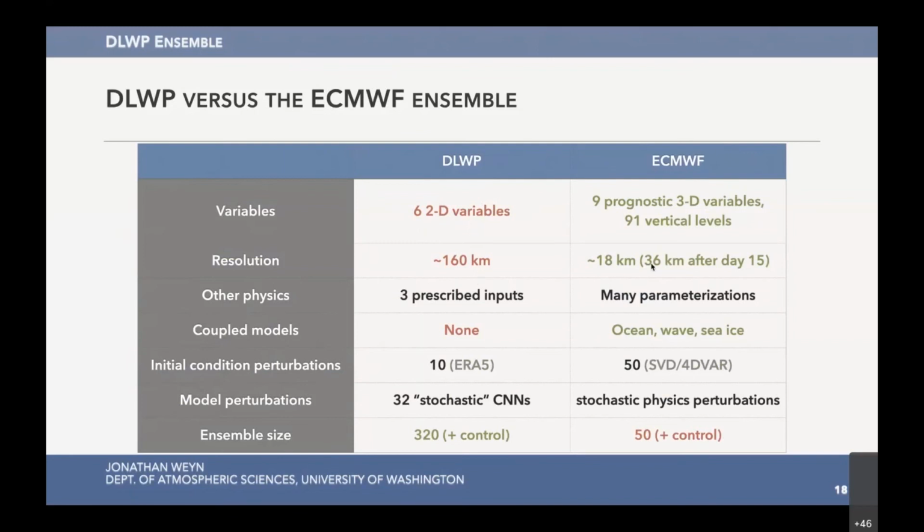In our current ensemble configuration, the other physics that I mentioned are accounted for by those prescribed inputs. Our model also does not have any sort of coupling to ocean wave or sea ice models. However, where we do make up ground versus the ECMWF is in each of 32 stochastic CNNs, we have a total ensemble of 320 versus their 50-member ensemble.